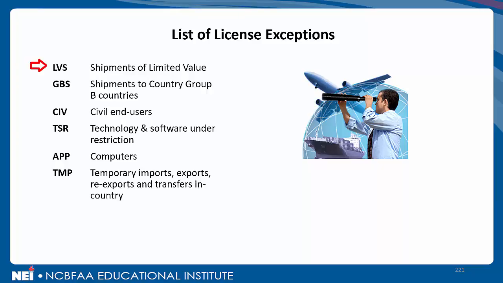Let's start with LVS, shipments of limited value. GBS, here it is right away, shipments to country group B countries. CIV, civilian or civil end users. TSR, technology and software under restriction. APP, computers. TMP, temporary imports, exports, re-exports, and transfers in country.